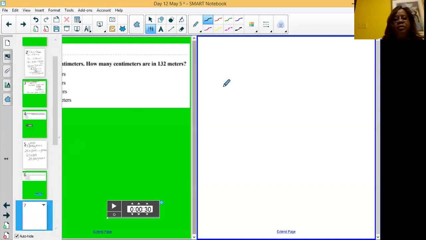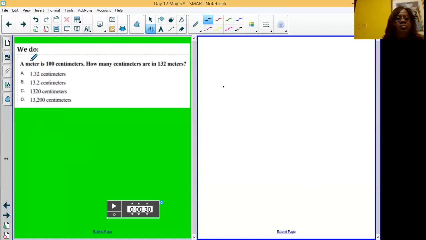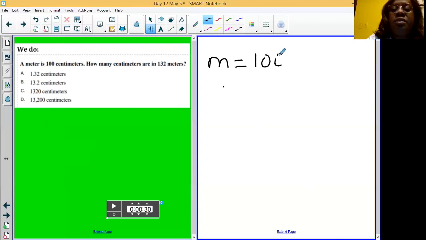All right, our next problem is a we do. It says a meter is 100 centimeters. How many centimeters are in 132 meters? Okay, well, I know 1 meter equals 100 centimeters. So remember the day I showed you the meter stick that we had in class? It looks like a yardstick, but it's actually a little longer than a yardstick.